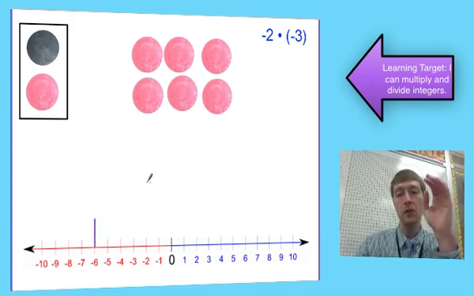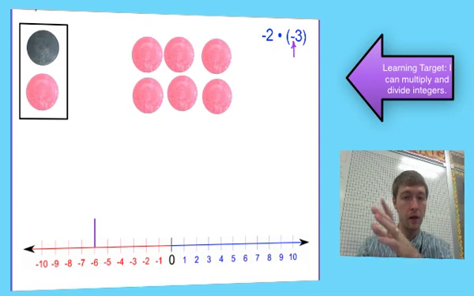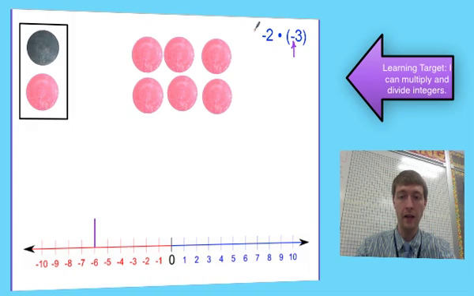But to do -2 a negative number of times, I have to remember a very important definition we talked about yesterday. And that's how we read this sign right here. How do we read this -3? That's one way to read it. But if you remember, the other way to read that is to say it's the opposite of 3. So what I have here is -2 times the opposite of 3.